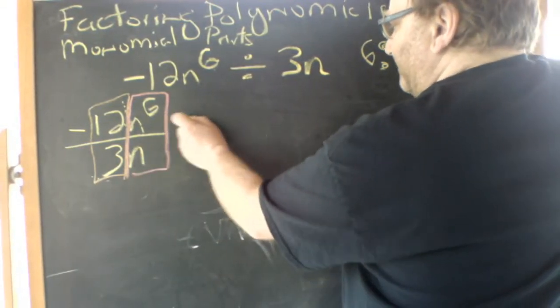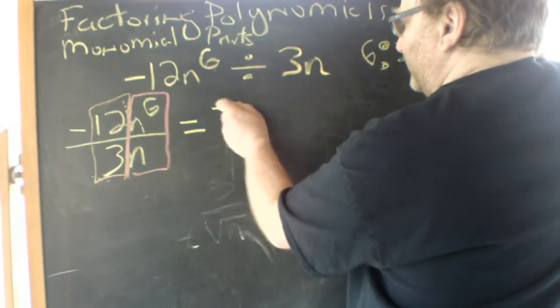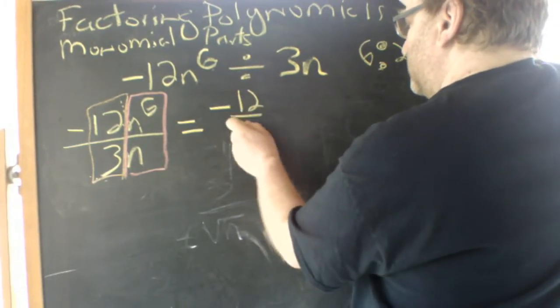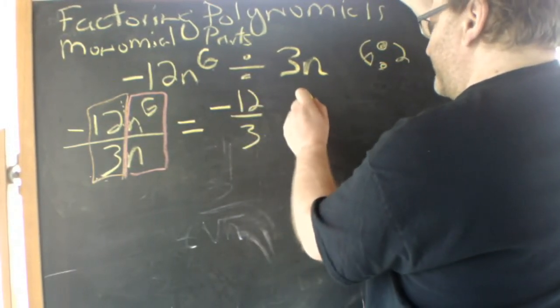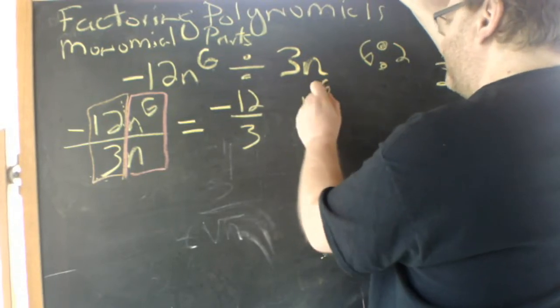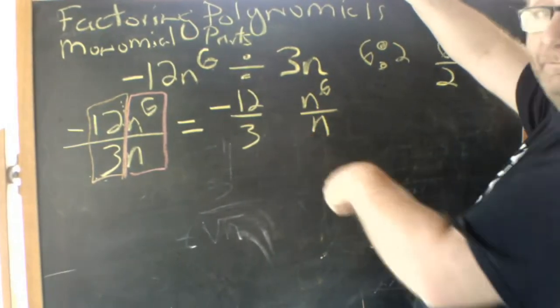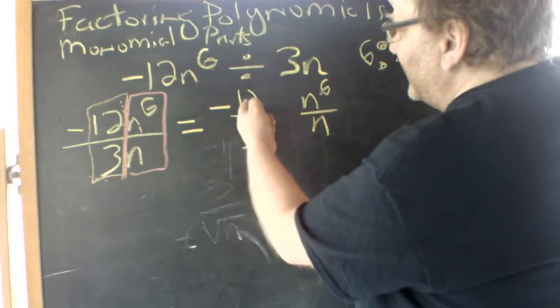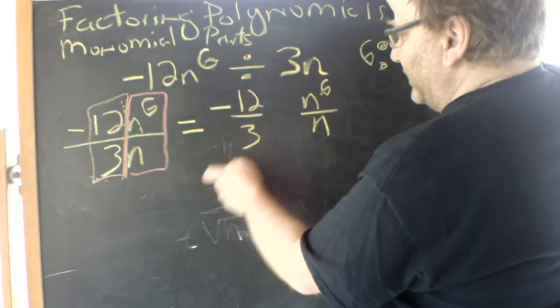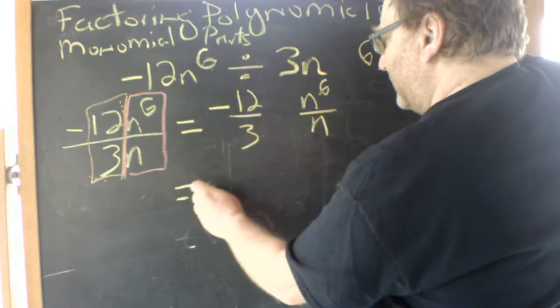So I could even mentally give them a little space here. Right, at least 6 feet in between them. All right, so the number part gives me negative 4.